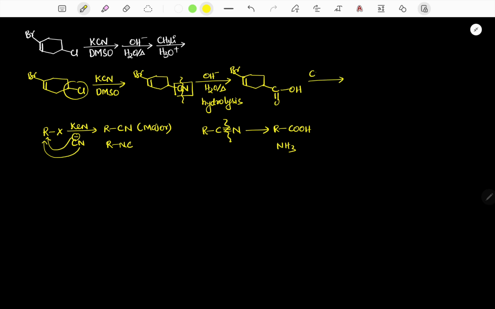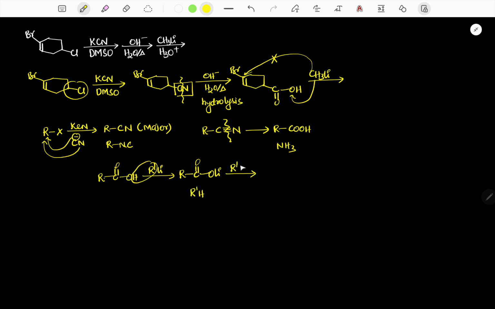Now the carboxylic acid product is reacted with CH3Li, that means RLi. So CH3 minus does not react with alkene and halogen, but it can react with acid. For example, carboxylic acid treated with RLi, initially an acid-base reaction takes place and forms the corresponding RCOOLi and R-H.